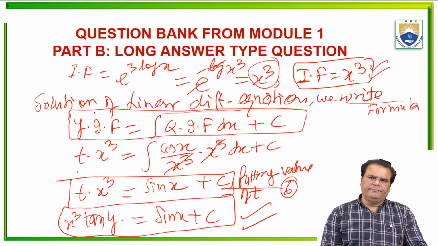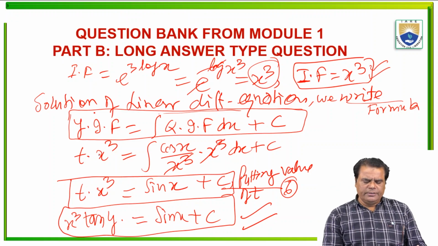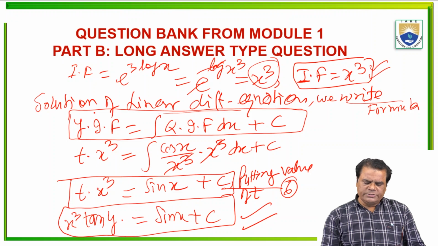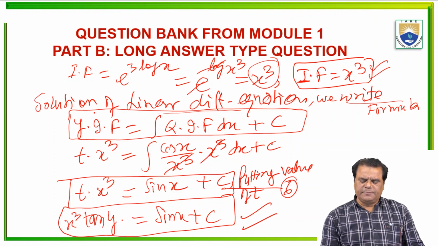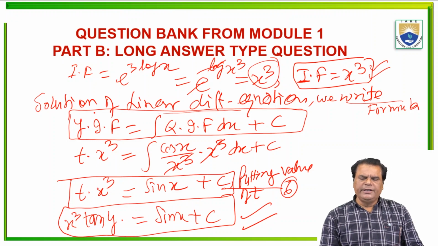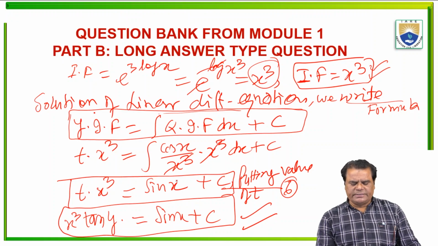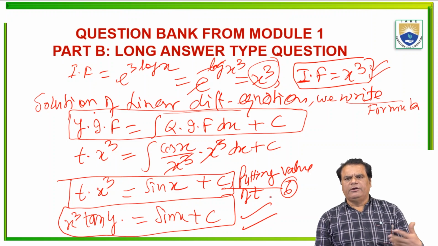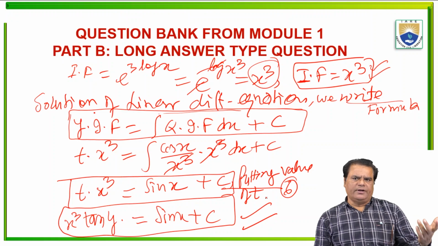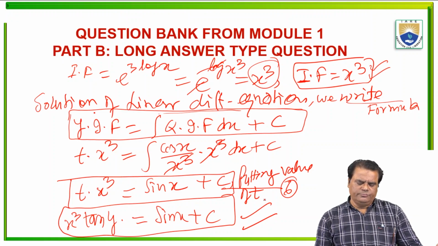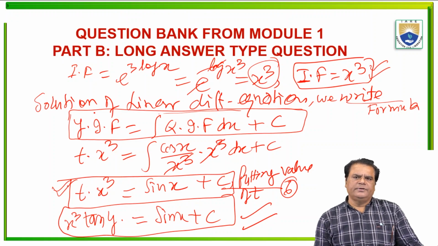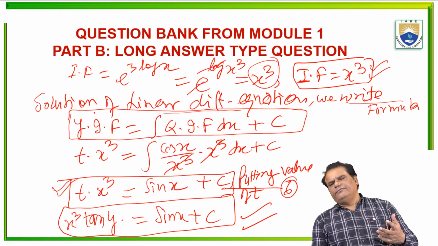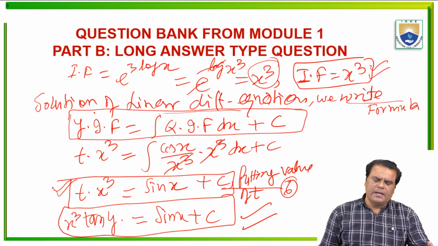Here y is t in equation 5, and IF is x³, so t x³ equals integration of cos x / x³ into x³ dx plus c. x³ cancels, so t x³ equals integration of cos x, which is sin x plus c. This is equation 6. This is the solution of equation 5, but we want the solution of equation 1, so after putting the value of t here, we get the solution of 1.